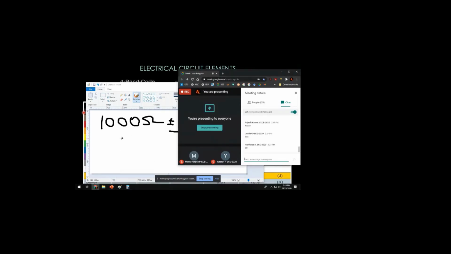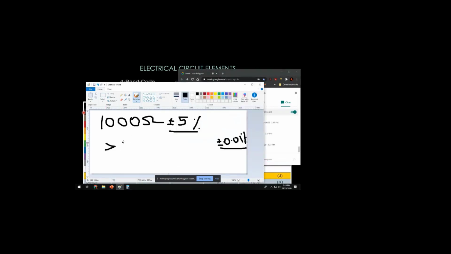Then the maximum value will be 1050, the maximum value for the plus sign, and the minimum value will be 950. So a 1000 ohm resistance with plus or minus 5% tolerance can have a maximum value of 1050 ohm and a minimum value of 950 ohm. It may lie between these two values.